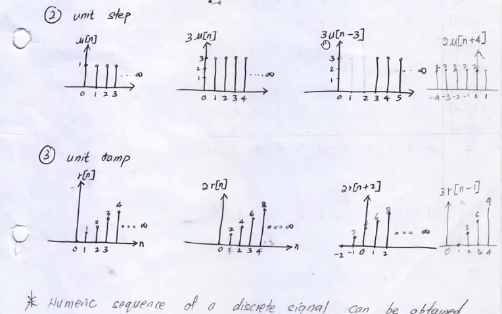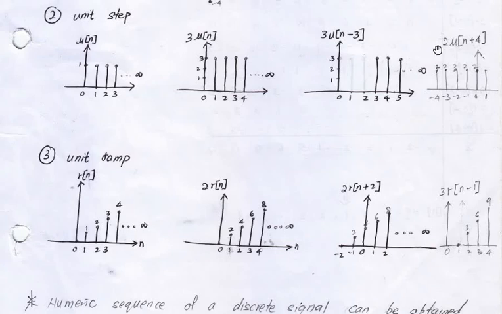What if you have 3 u(n minus 3)? The minus here refers to the delayed version. So for n minus 3, the location is n equal to 3. Starting from n equal to 3 to infinity, the amplitude is 3.